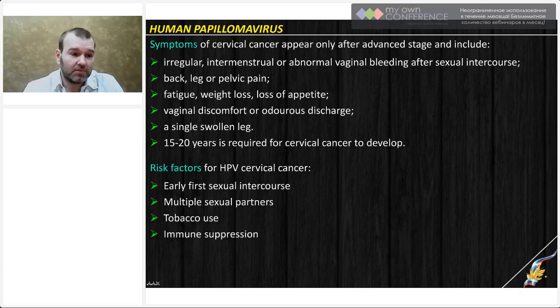So cervical cancer can be recognized by, first of all, common symptoms of cancer disorders, such as loss of appetite, weight loss, fatigue, tiredness, and pain in the affected organ.